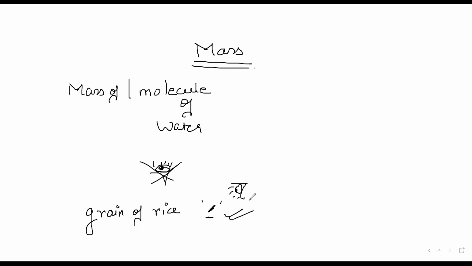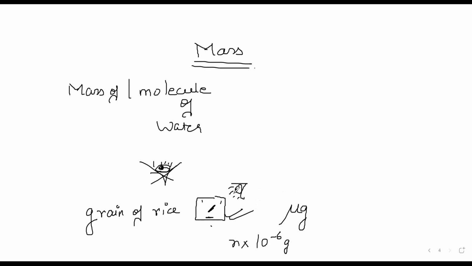The mass of this grain of rice will also be in certain micrograms, that is 10 to the power negative 6 grams. Just giving you a rough idea. I'm not saying that it is going to be exactly micrograms, just giving you a rough idea of how things are dealt in chemistry. So this mass of rice would be in some multiples of micrograms or something like that.